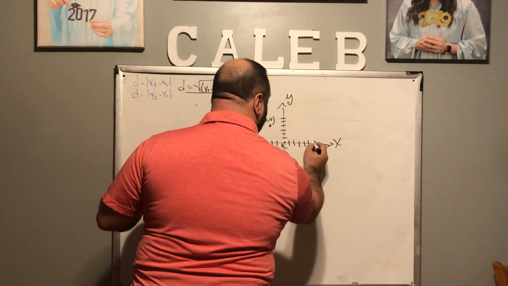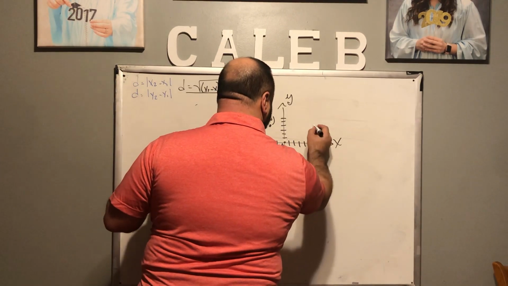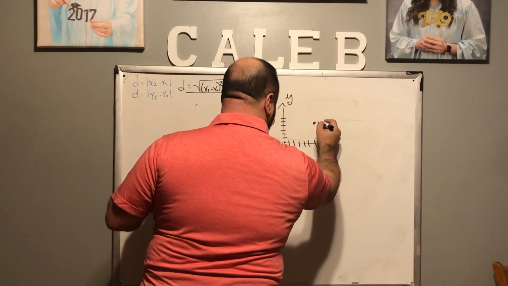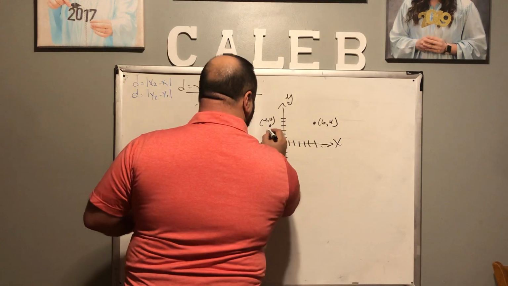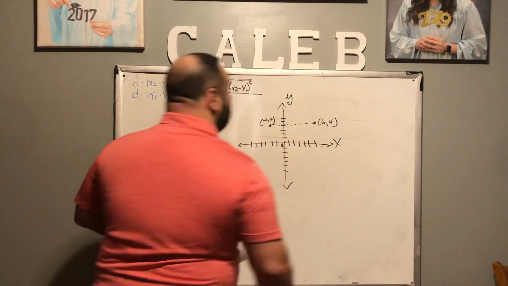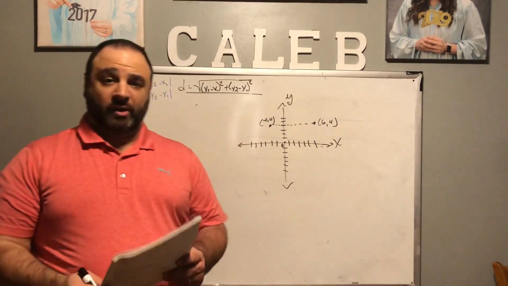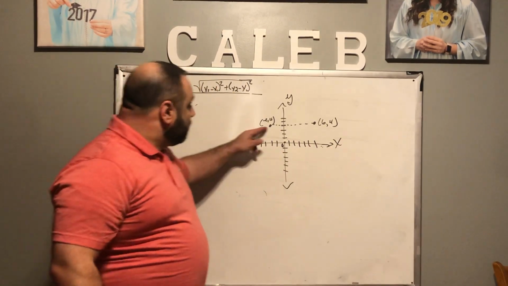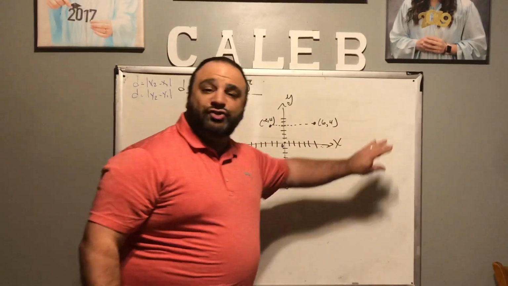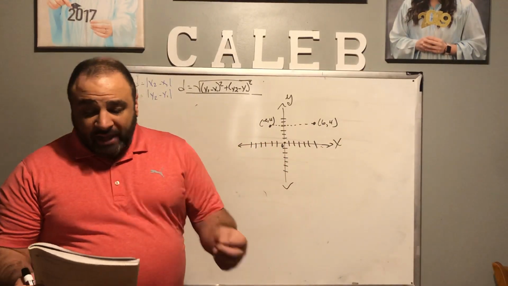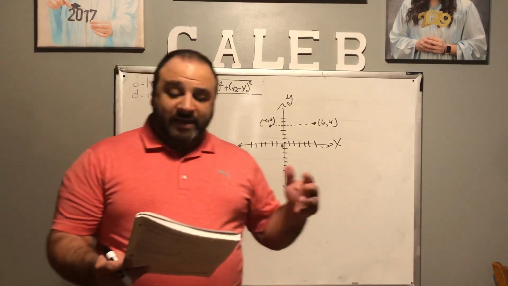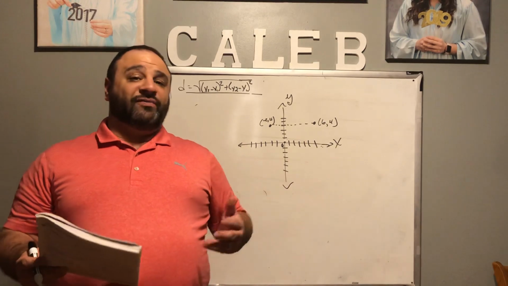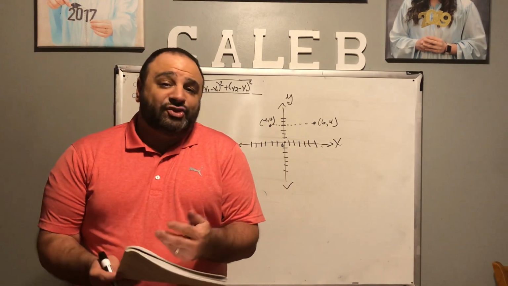So 1, 2, 3, 4, 5, 6. All right, we're going to go 6, 4 here, okay? We can find the midpoint between those two marks. And since it's parallel, notice here's the x-axis, so this line would be parallel to the x-axis. If we're looking for the midpoint for a line that's parallel to the x-axis, simply we're going to divide the line segment by 2.